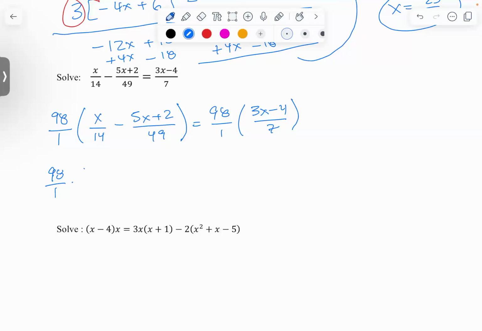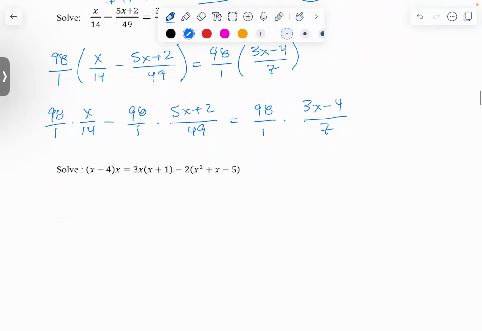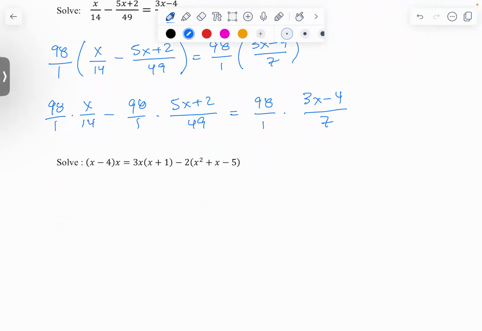I'll write this out the long way again just so we can see it. 98 and 14, that's 1, that leaves a 7 there. 98 and 49, that leaves a 2. 98 and 7, that leaves 14.